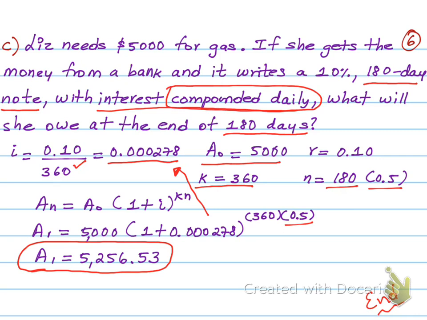Once we make the calculations, we get 5,256.53. So in this example, you need to pay attention to the compounding that the problem is asking for, in this case daily compounding, and pay attention to the days or the periods the problem is asking you to include.